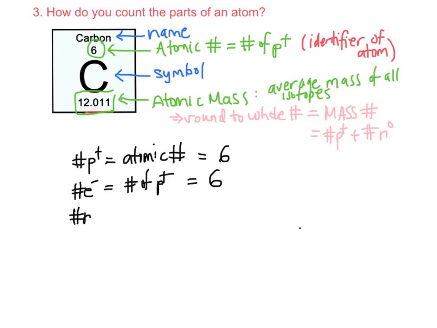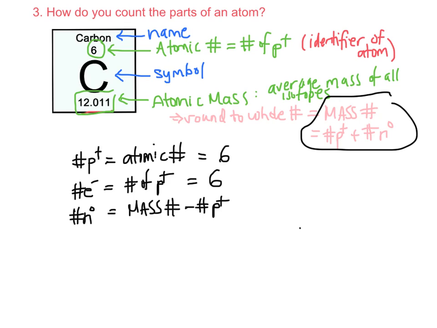Now, the number of neutrons is going to be equal to the mass number minus the number of protons, just like I told you right here. So if our mass number is 12, we have to round this to a whole number, and we subtract the number of protons, we're going to end up with 6 neutrons. So this particular carbon atom has 6 protons, 6 neutrons, and 6 electrons.